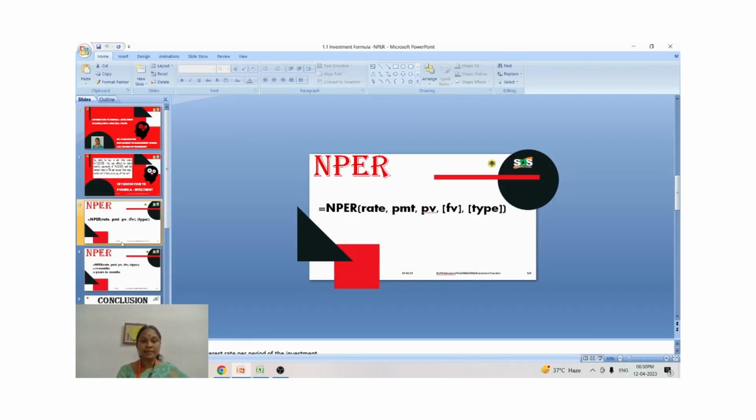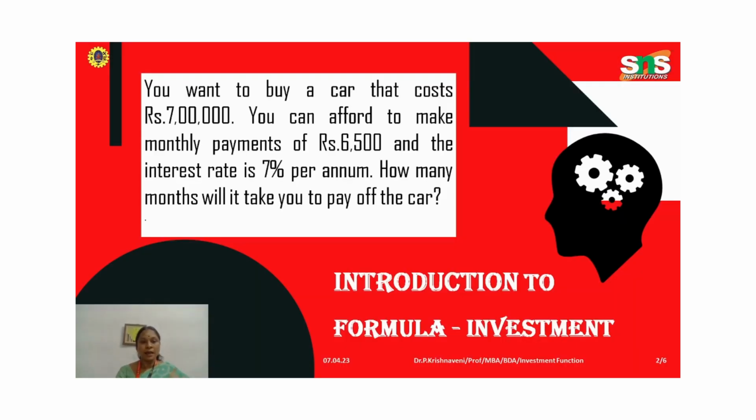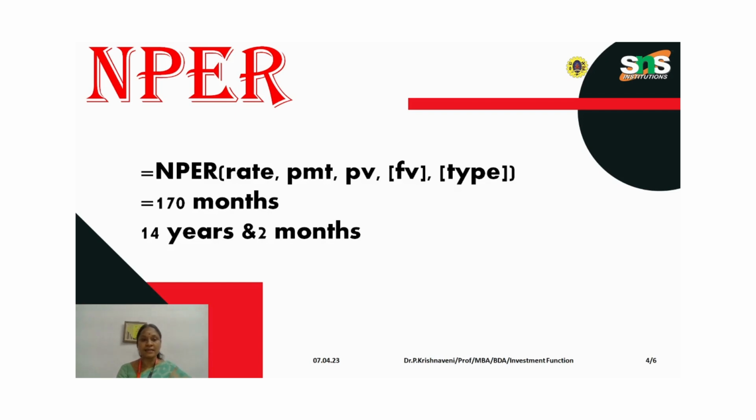If we apply the same formula to the first situation, where the cost is 7 lakhs, 7% per annum and a payment of 6,500, it requires 170 months. As I said, NPER is the number of periods required to complete our loan process.